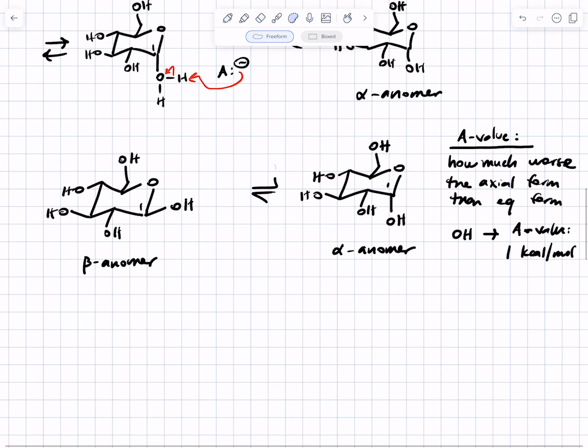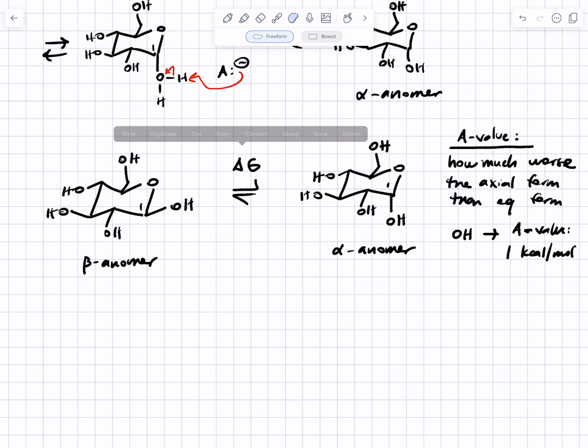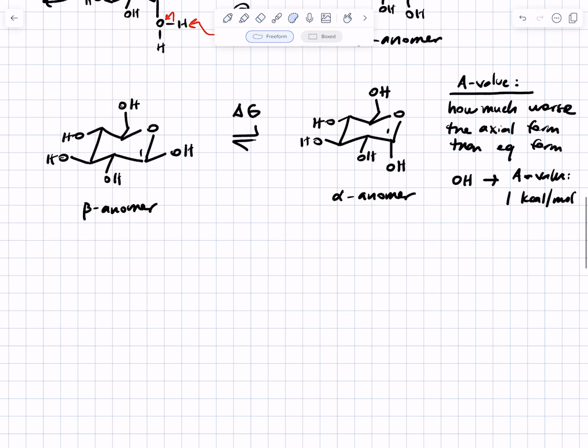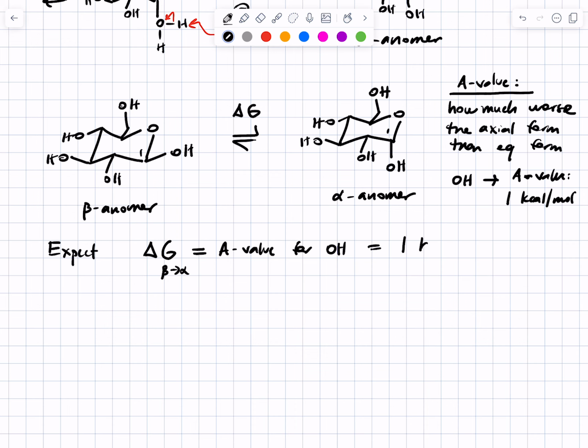So if we were to predict what the delta G for going from beta anomer to alpha anomer was, we might expect it to resemble the A value. We might expect delta G for going from beta to alpha to be positive and to be basically the same as the A value for an OH group, which is 1 kilocalorie per mole.